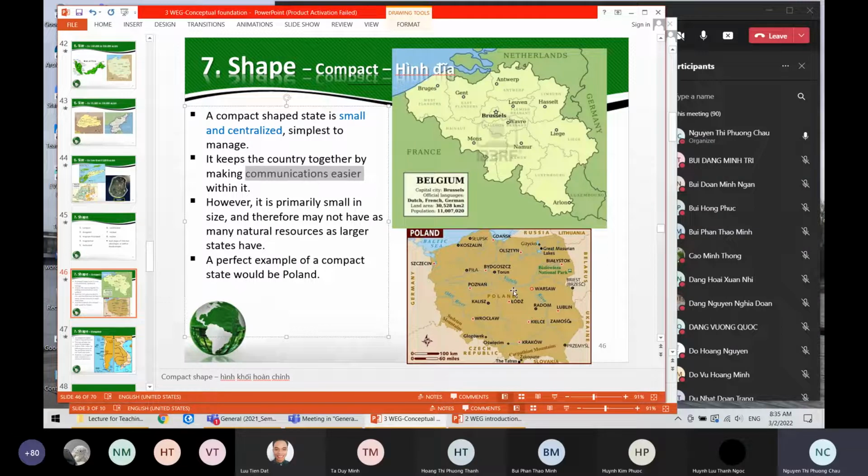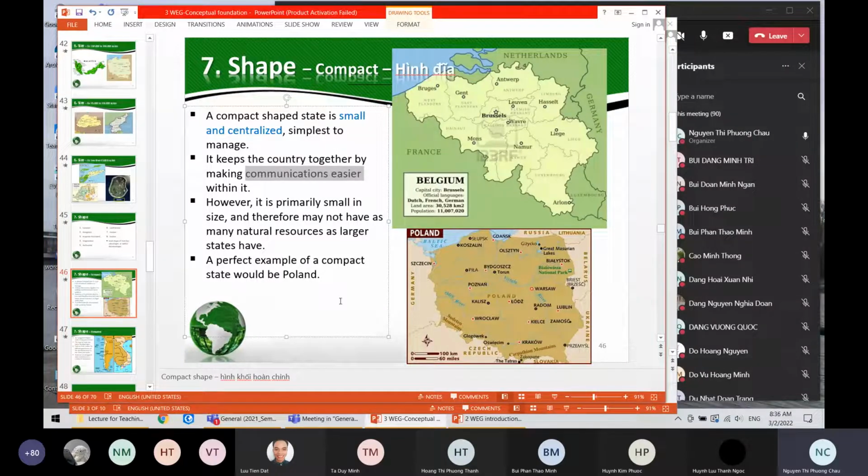And as well, the government can easily control the whole nation, because each place is close together, a short distance. Easier to communicate, easier to connect. So these are the advantages of the compact shape of nation.